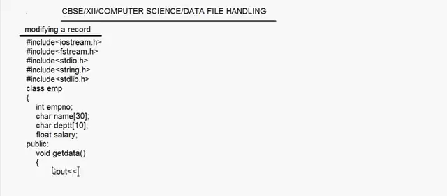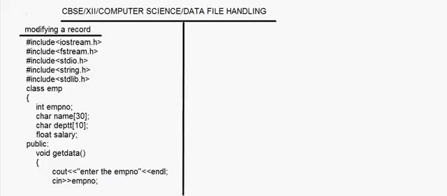Now in get data we are going to accept the data from the user. So here I write cout enter the employee number and handle in EMP number. The next one, cout enter the name of the employee and then in name.